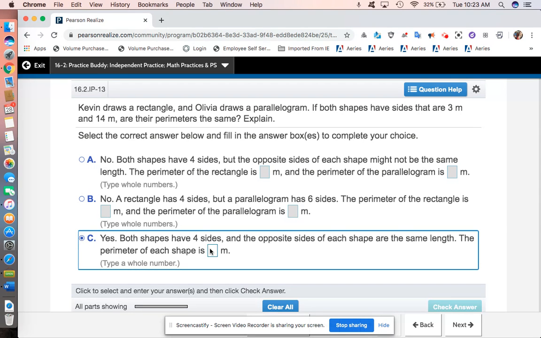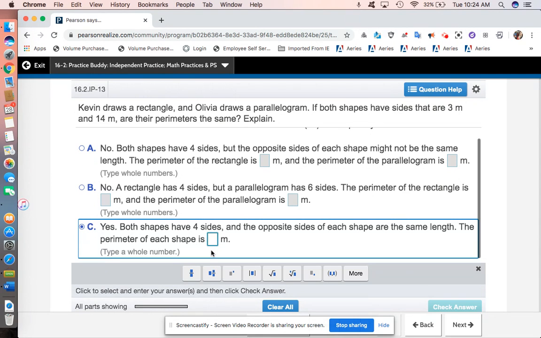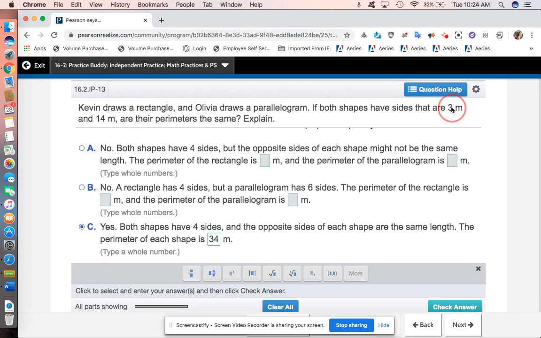Yes, the perimeters are going to be the same. 3 plus 3 is 6. 14 plus 14 is 28. We add 28 plus 6 and get 34.